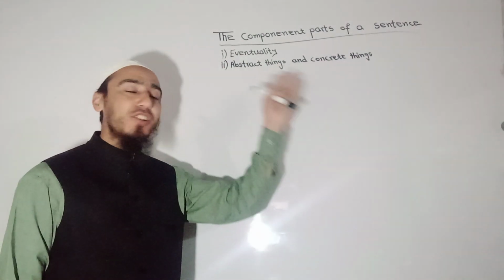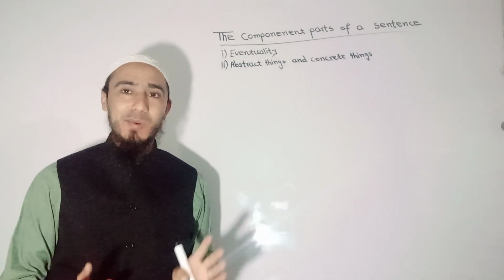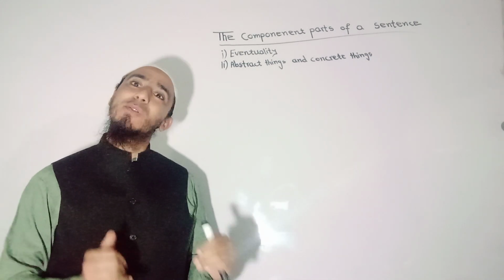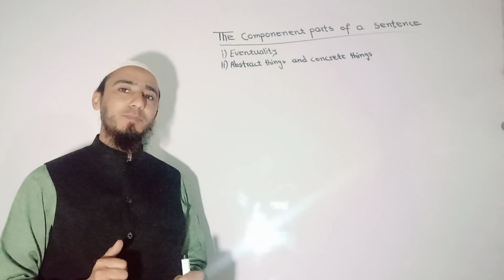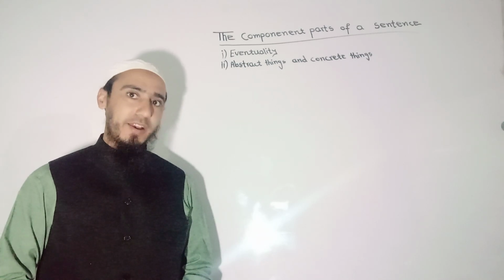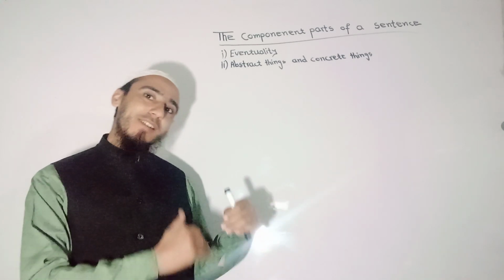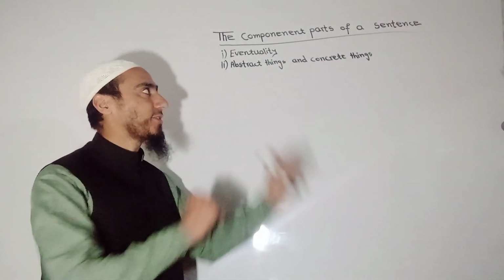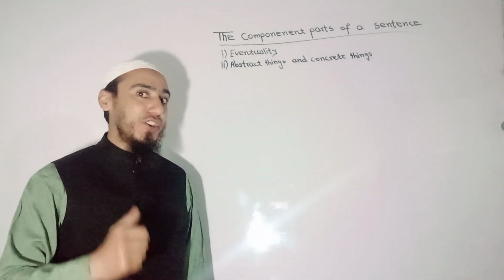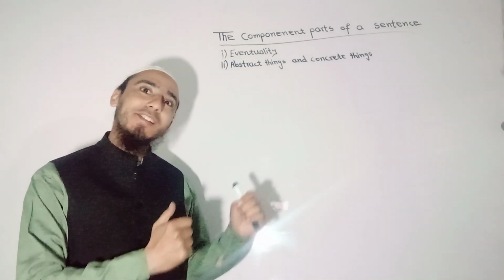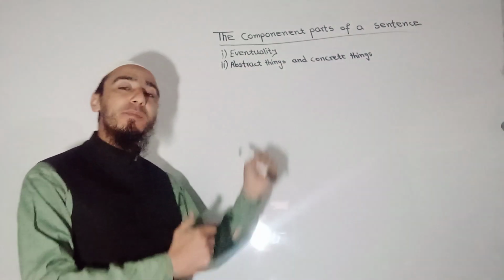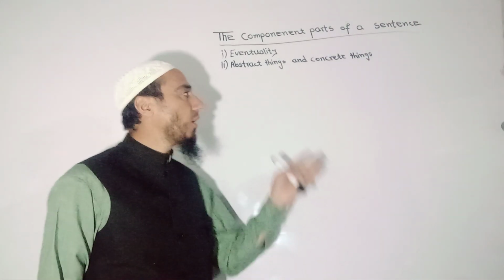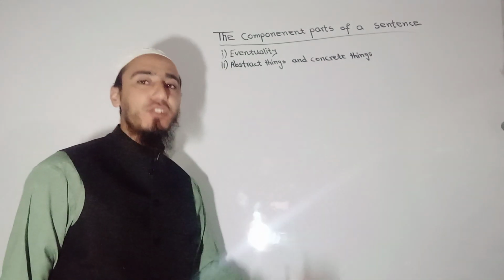Abstract things or concrete things in a sentence are represented by the noun phrase prototypically. When I say prototypically, I mean that it happens occasionally. There are other components in a sentence as well which represent abstract and concrete things, but noun phrases, which are the participants in the sentence, represent either abstract things or concrete things.